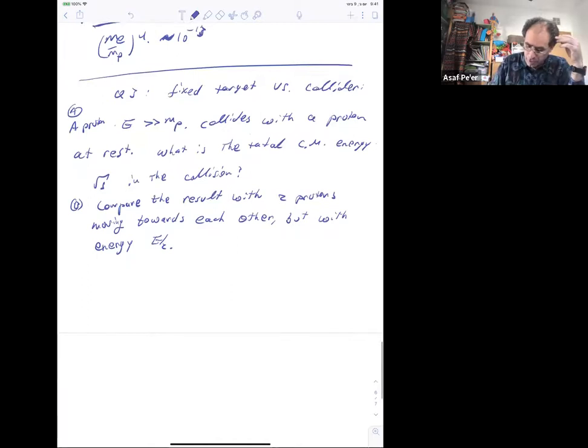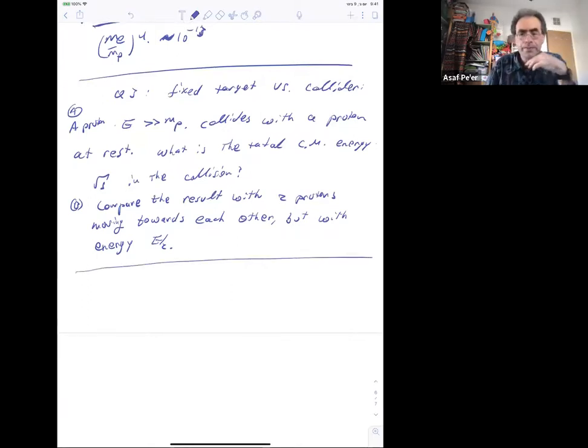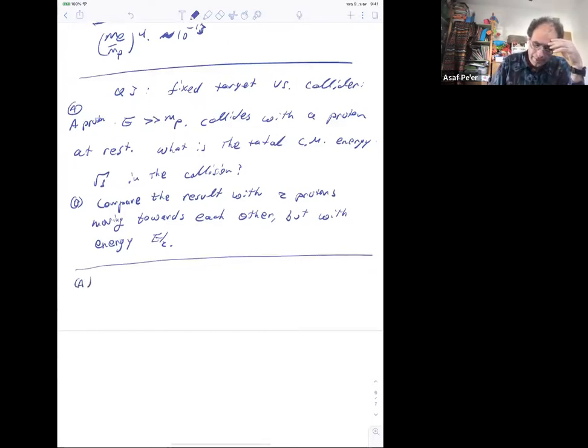Okay, so this should be quite easy for you to answer by now, I hope. Part A: in the lab frame, we write down the four-momentum. P1 is (E, p1), and P2 is just (M, 0).